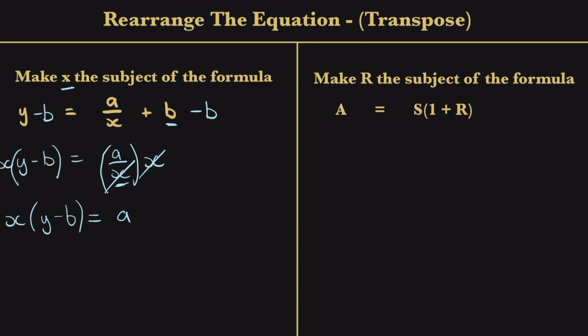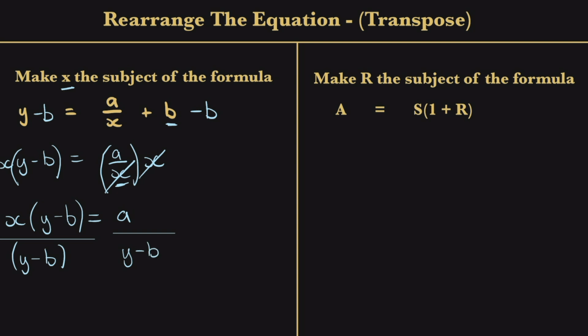Now, we said we wanted x on its own. So what I'm going to do is I'm going to divide this side of the equation by y take b, so that these two terms are going to cancel each other out. And since we've done that to the left-hand side of the equation, we must do the same to the right-hand side, divided by y take b as well.